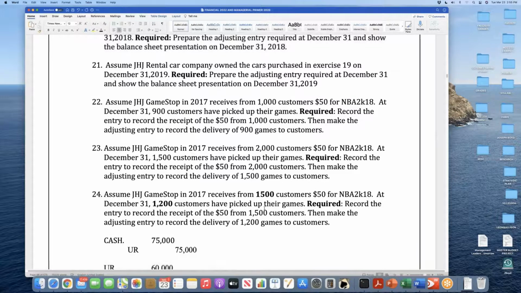So in number 23, 2,000 customers pay $50, and then 1,500 of the customers pick it up. Can y'all make these journal entries? So we get money from 2,000 customers and 1,500 pick them up.